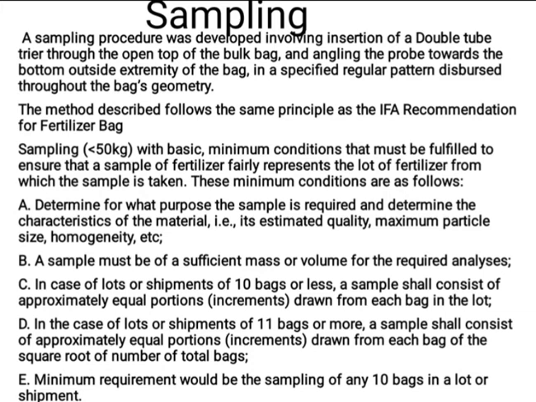It will be either from the top of the bag, from the middle of the bag and from the bottom of the bag. So for this purpose you have to insert a double tube trier to collect a sample from the top of the bag, from the bottom of the bag, and you can collect samples randomly from the top and the bottom or the middle of the bag.